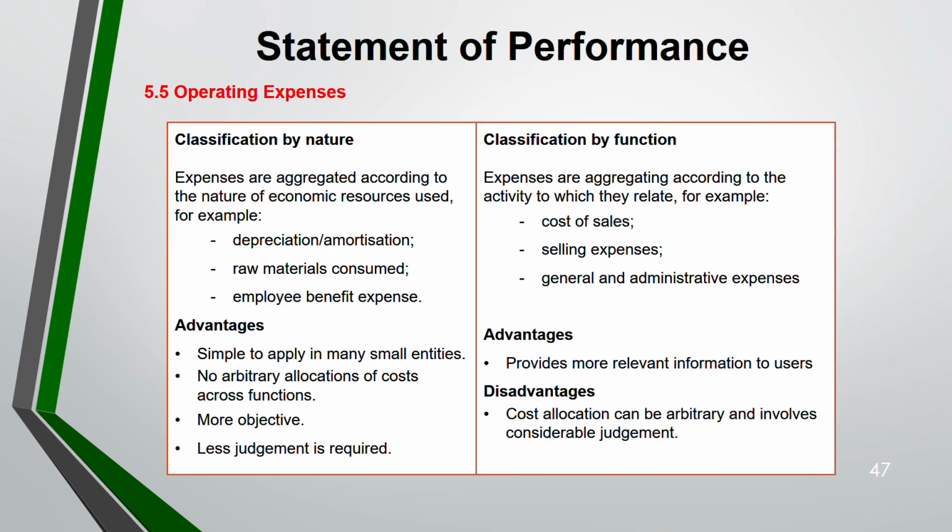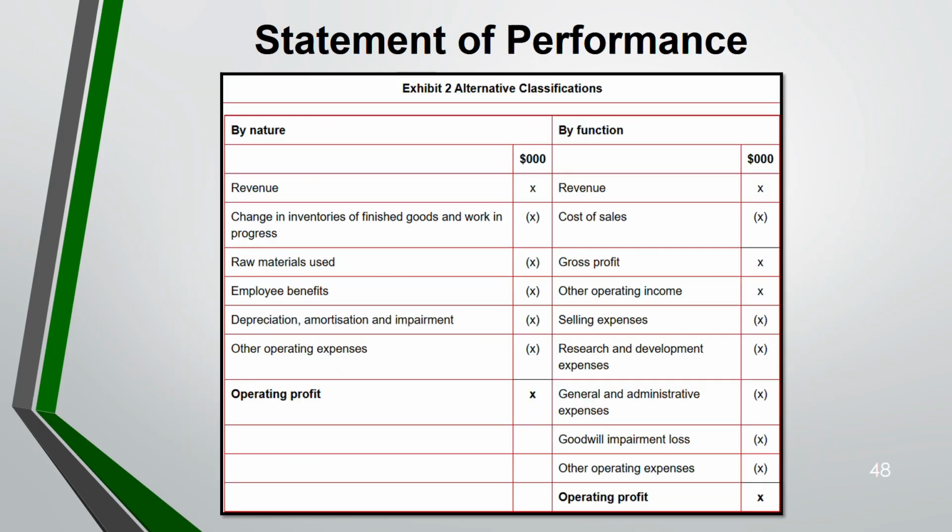Disadvantage is cost allocation is more subjective, so you need judgment here. Now, this exhibit 2 shows you the alternative classification. On the left hand side, you can see expenses classified by nature, and on the right hand side, you can see expenses classified by function.